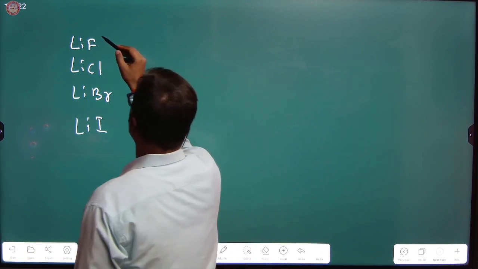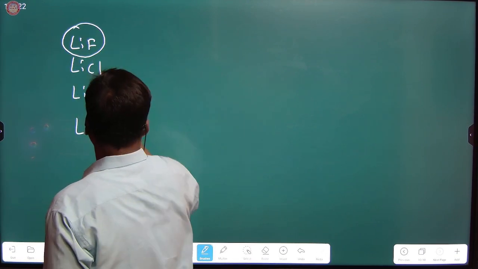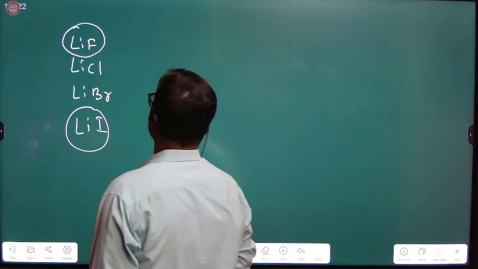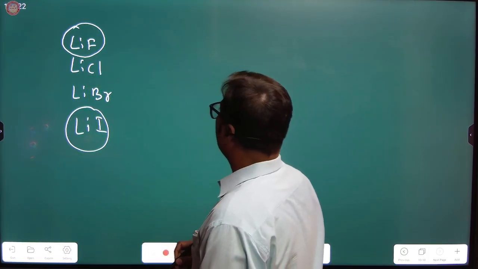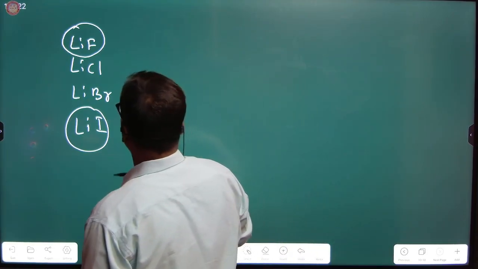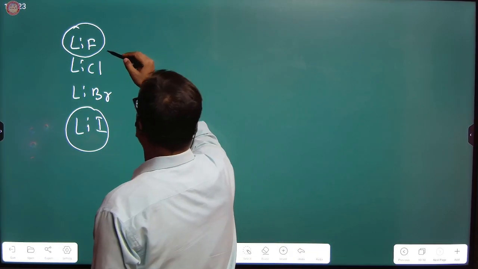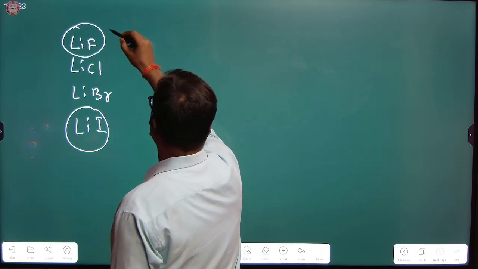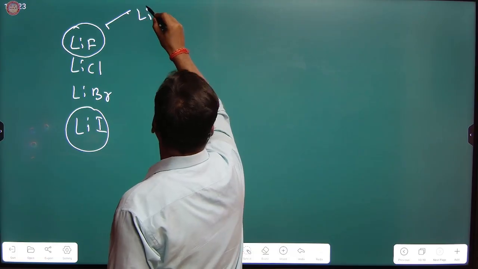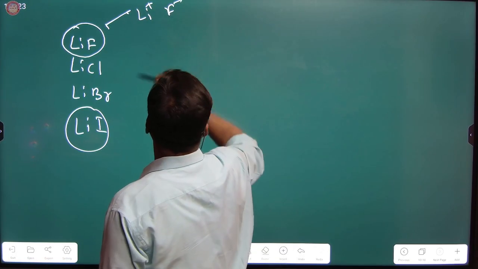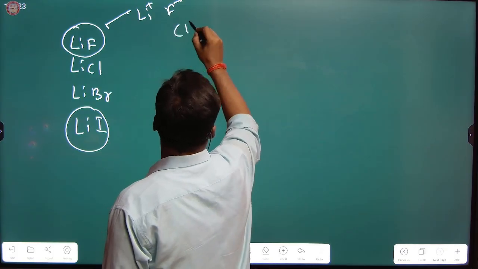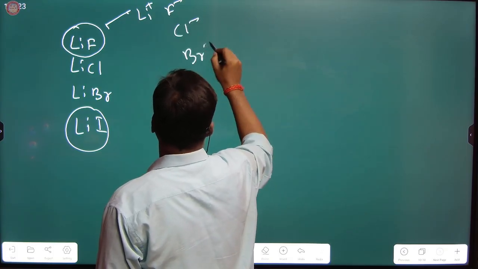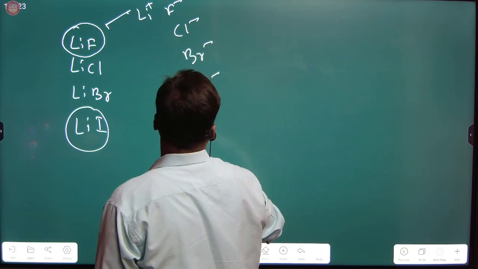So, this is lithium fluoride and this is lithium iodide. Again, Li plus has a fixed charge, and there are the charges on the fluoride. So it contains Li plus and F minus; similarly Cl minus, similarly Br minus, and similarly I minus, right?